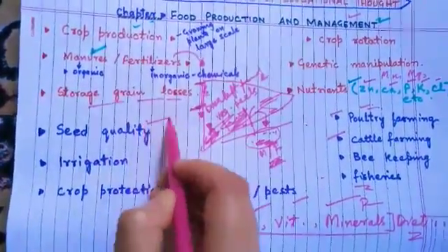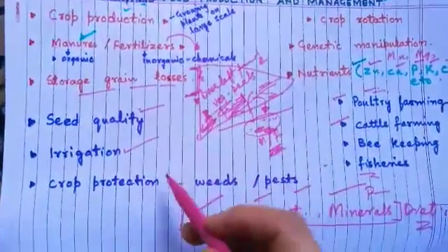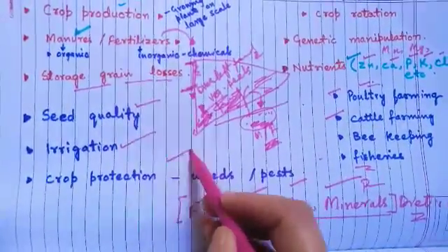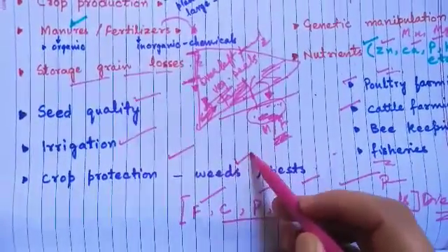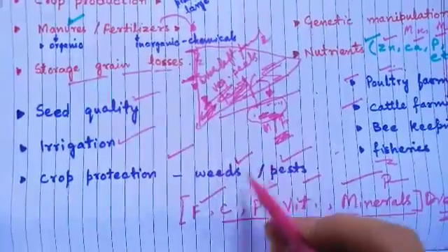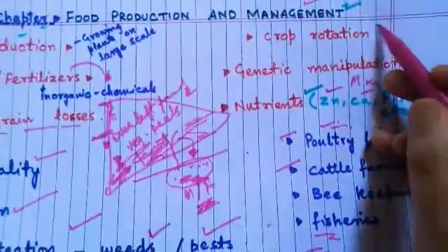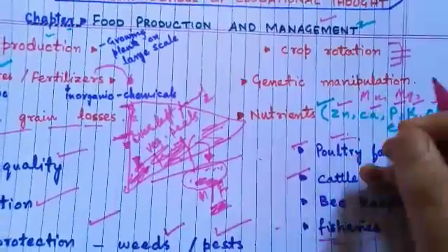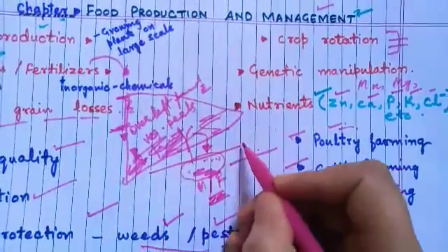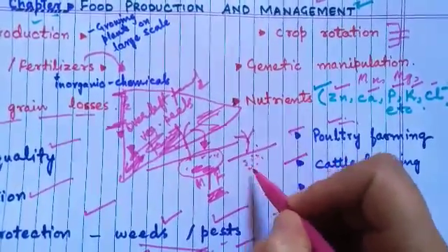Seed quality should be good for good crop production. Irrigation should be proper for good crop production. Crop protection: how we will protect our crops from weeds and pests. For example, we can use pesticides and weedicides, etc. Crop rotation is a must, because when we grow a certain crop in the soil, it needs some specific nutrients.